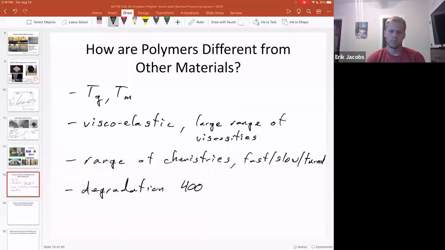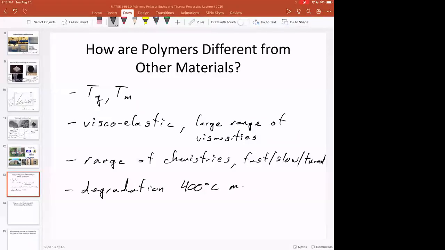Maybe 400 C max. If you take a polymer and you heat it up in air to 400 C, it's going to start degrading. And of course, lots of ceramics don't even know that it's 400 C. They don't care. Lots of metals don't care either.